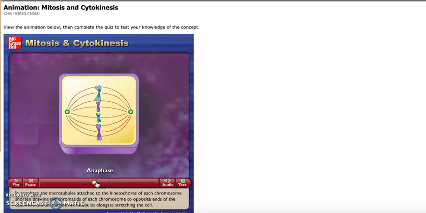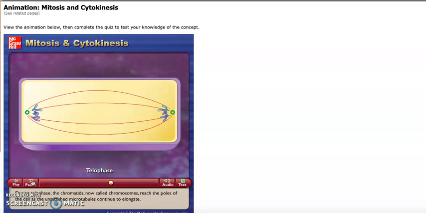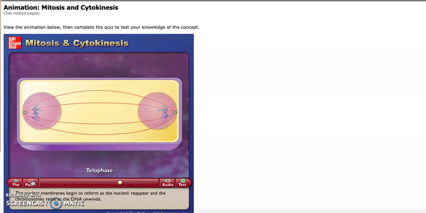In anaphase, while the unattached microtubules elongate, stretching the cell. During telophase, the chromatids, now called chromosomes, reach the poles of the cell as the unattached microtubules continue to elongate. The nuclear membranes begin to reform as the nucleoli reappear and the chromosomes relax as the DNA unwinds.